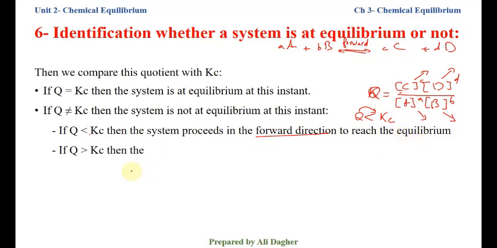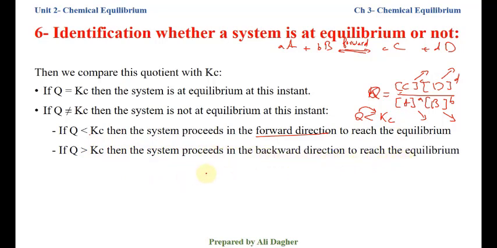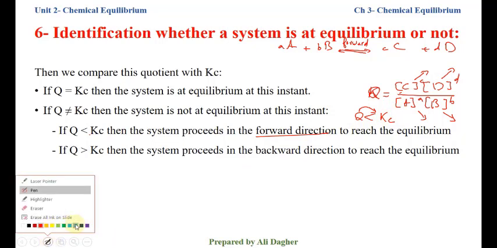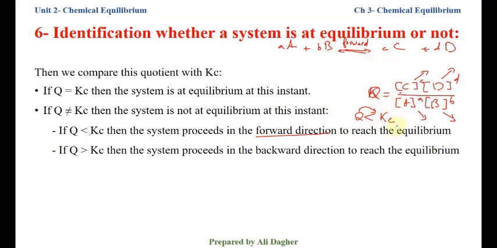But if Q is bigger than Kc, then the system proceeds in the backward direction to reach the equilibrium. The same: if Q is bigger than Kc, then we should decrease Q to become equal to Kc.